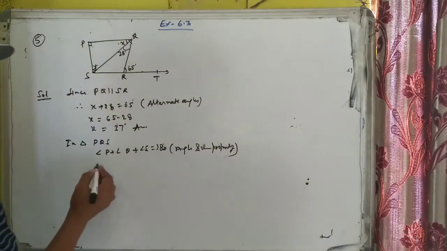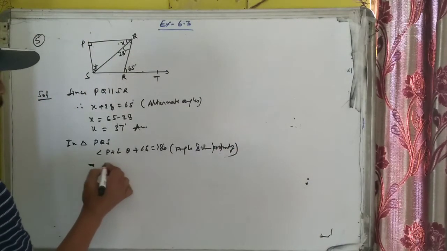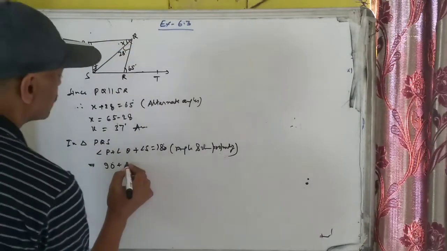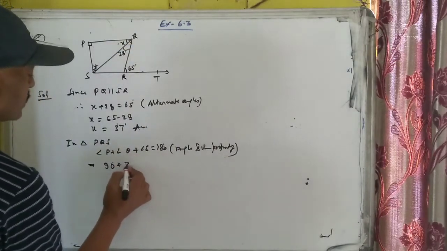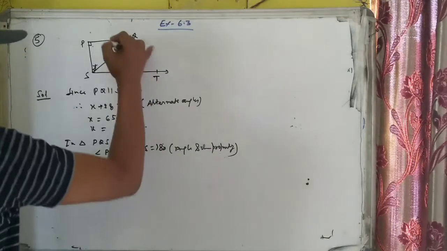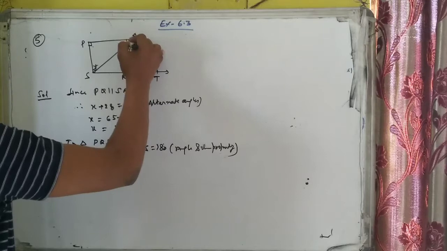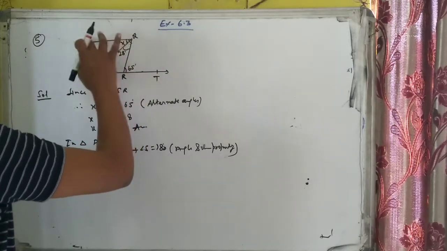Okay, after this just put the value. Angle P equal to 90 degree. The value of Q is X. So at the place of X or Q in this triangle, we are taking only the triangle PQS.